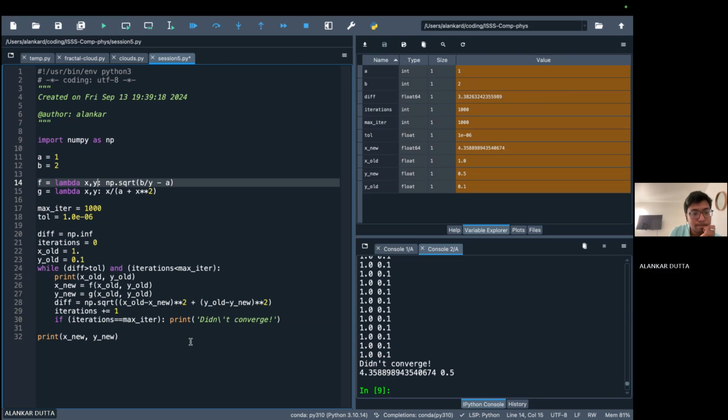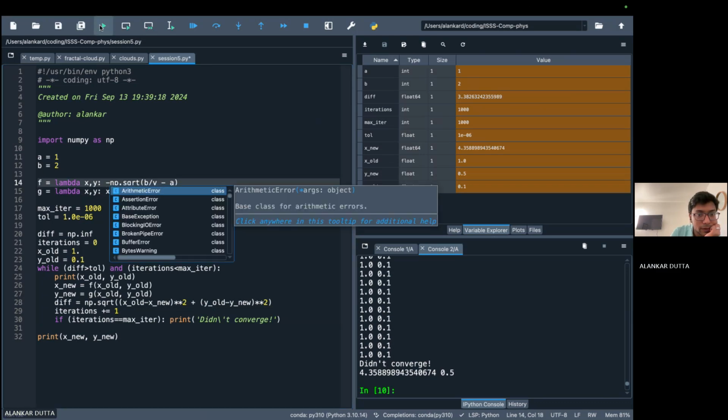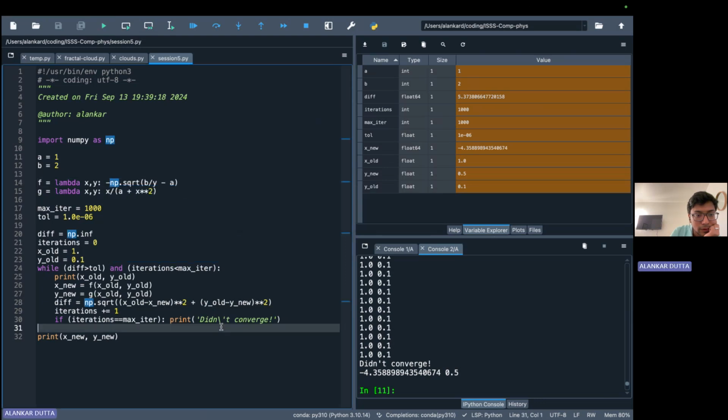Hmm. How about trying the other way around? Still not converging.